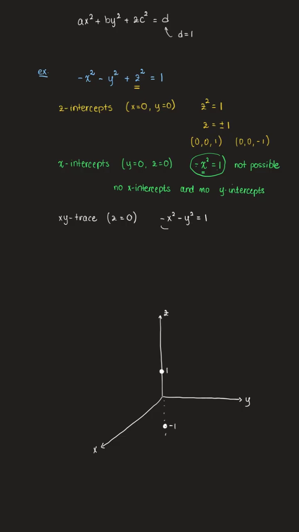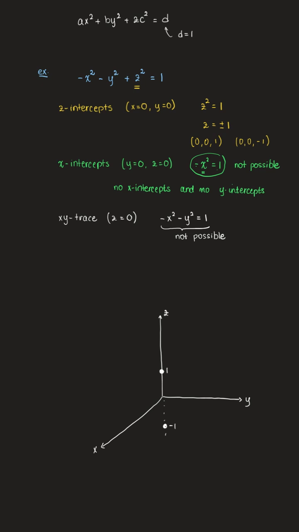Well, this is another impossibility, because on the left we have a negative number, on the right a +1. So this is not possible. But because I know what this looks like, I am going to consider traces on planes parallel to the xy plane, but when z is bigger than 1 or less than -1.